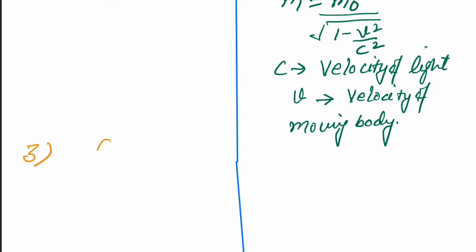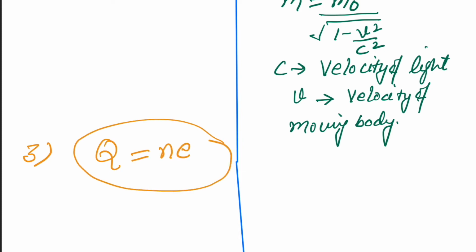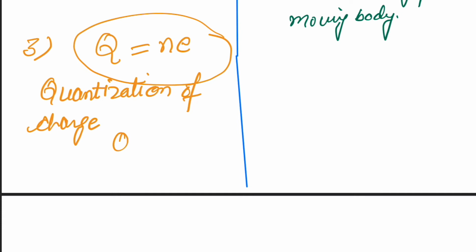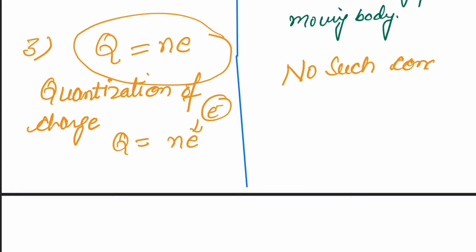The third thing, we have done this equation Q is equal to n e. In the previous videos we have discussed this equation. This is quantization of charge. So the charge will be always integral multiple of charge on electron or the positron, but no such condition for mass.